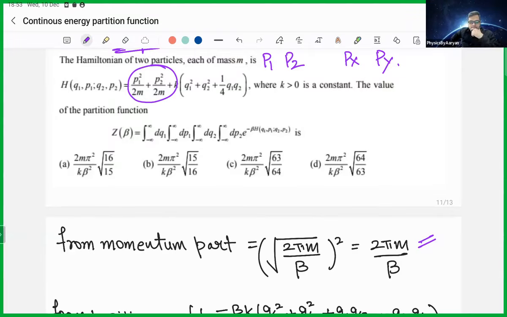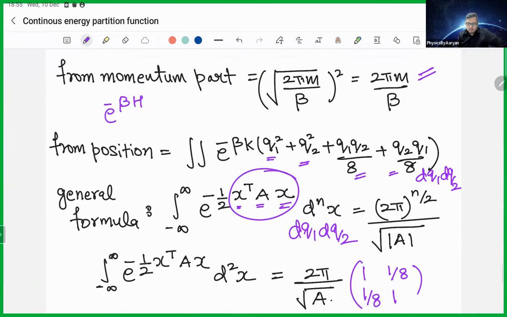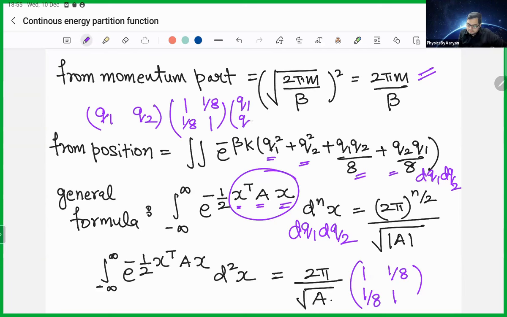Exponential to the power minus half x transpose into A into x. Now let's understand this thing and compare it with this. If I do something like this, q1 into q2 multiplied by 1 by 8, 1 by 8, into q1 into q2, equals again q1 into q2.